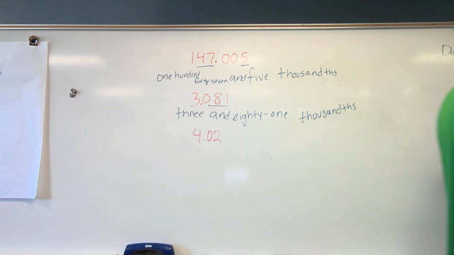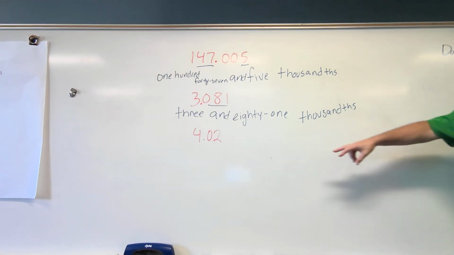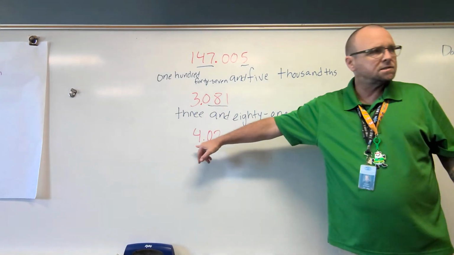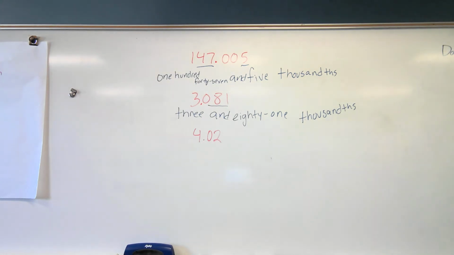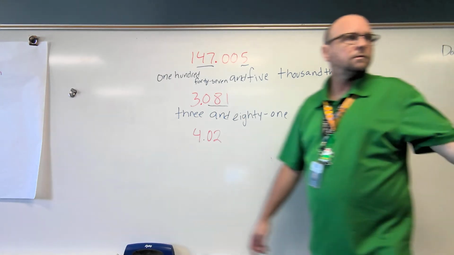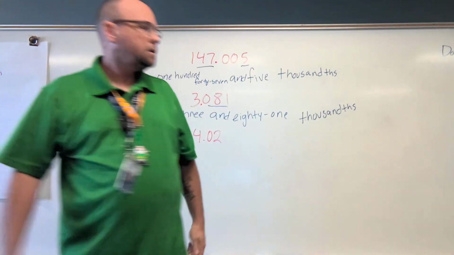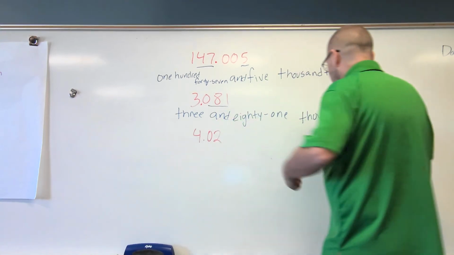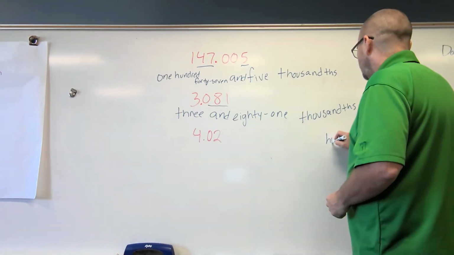Lily. This last one. What is the smallest part of that number? What place value is it in? 2 hundredths. 2 hundredths. So that means I'm going to have hundredths.